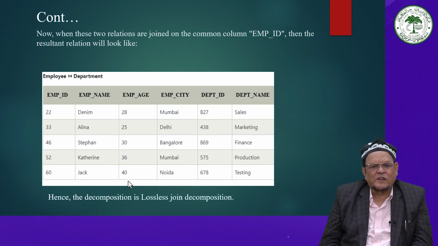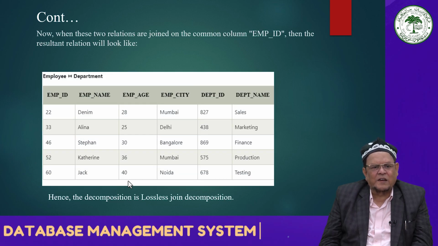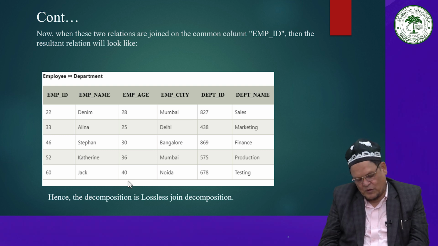Now when the two relations are joined on the common employee ID, the resultant relation will look like that. You can see on the screen I have given a screenshot for that: employee ID, employee name, employee age, employee city, department name. Here there are 5 tuples.